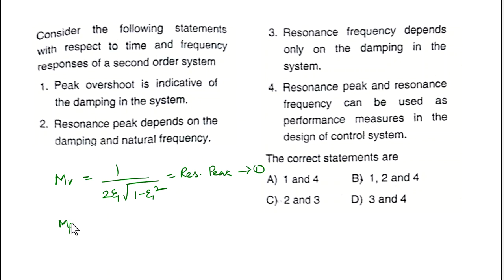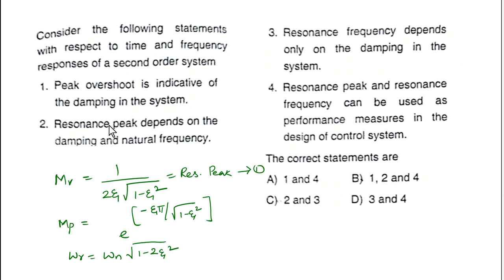MP, peak overshoot, is equal to exponential of minus zeta pi divided by square root of 1 minus zeta square. And the third one is resonance frequency. Omega R is equal to omega n, the natural frequency of oscillations, into square root of 1 minus 2 zeta square. So these are the three formulas here.